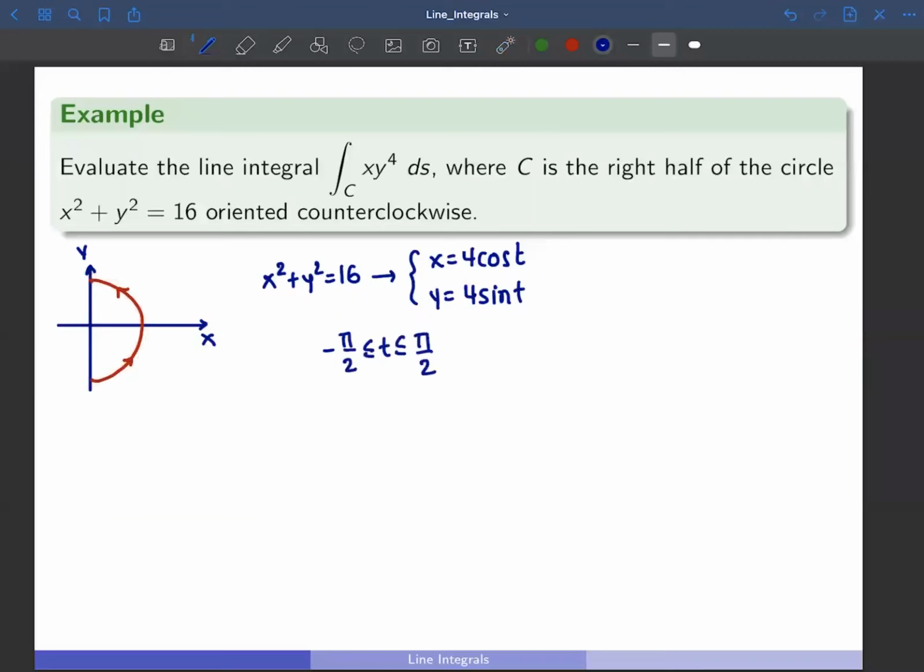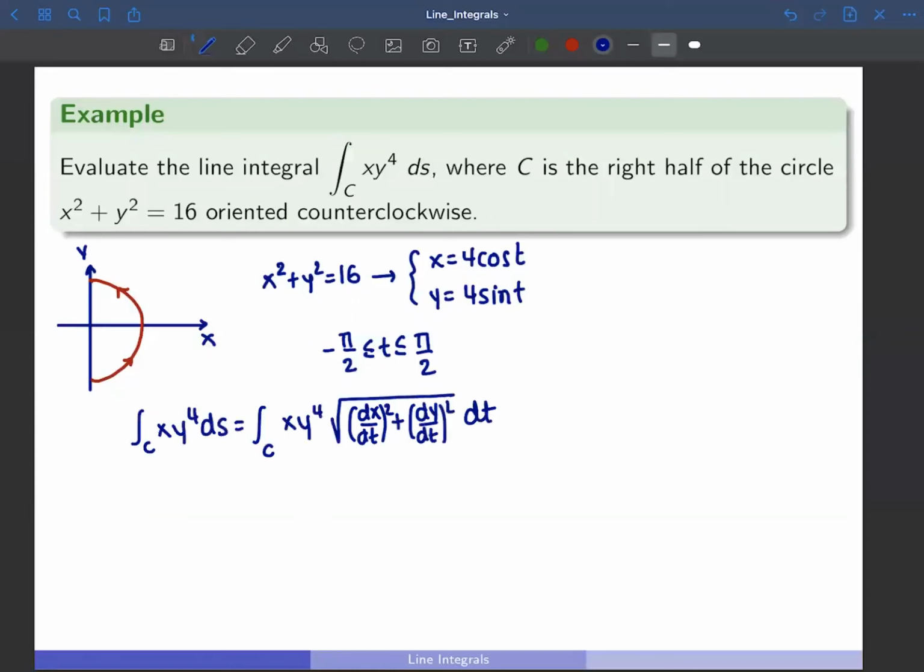So the two equations for x and y with respect to t, with the interval for t, describe only the right part of the circle. And therefore, the line integral along the curve C of x times y to the fourth ds is equal to the line integral along the curve C of x times y to the fourth times the square root of dx over dt squared plus dy over dt squared times dt.